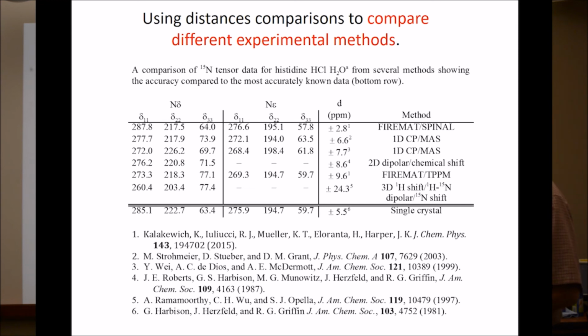We can ask the question, which of the methods that are out there are actually giving the best data? So we can compare them all. In the column here towards the right, we get a distance for all of those. The single crystal had an error of around 5.5 ppm, and Fireman's spinal actually matched the data within the error. So we can talk about which methods are better using the distance metric.